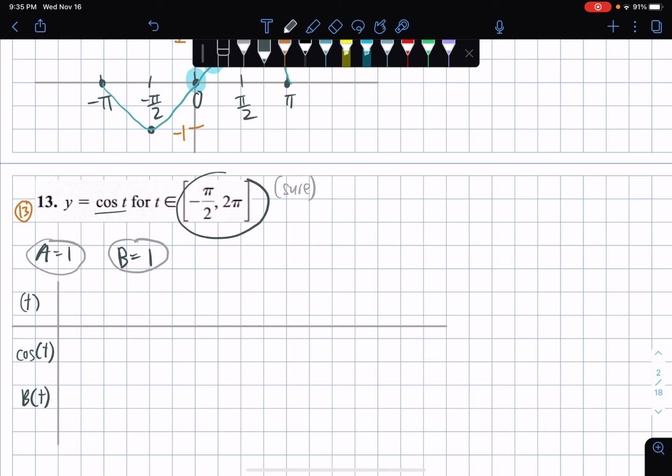So for the set element, we have negative pi over 2, which is negative 90 degrees. What's next is 0. And we have positive pi over 2, which is 90 degrees. In other words, we have pi, which is 180 degrees, 3 pi over 2, which is 270 degrees, and 2 pi, which is 360.